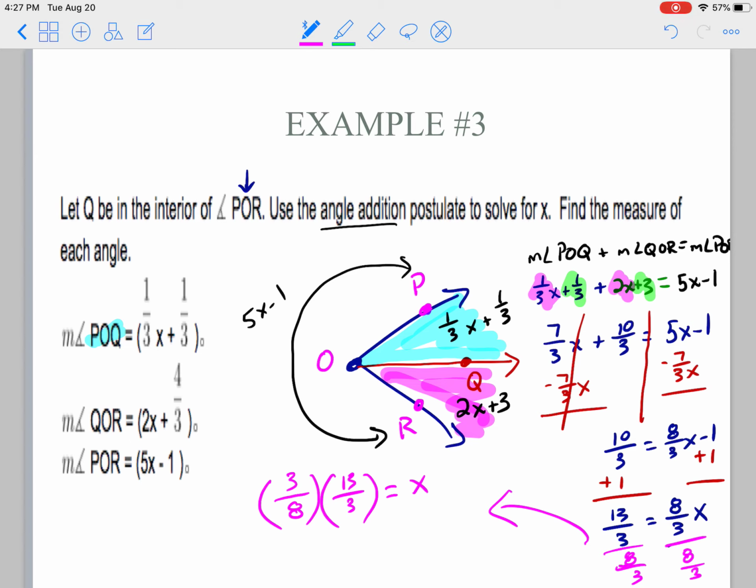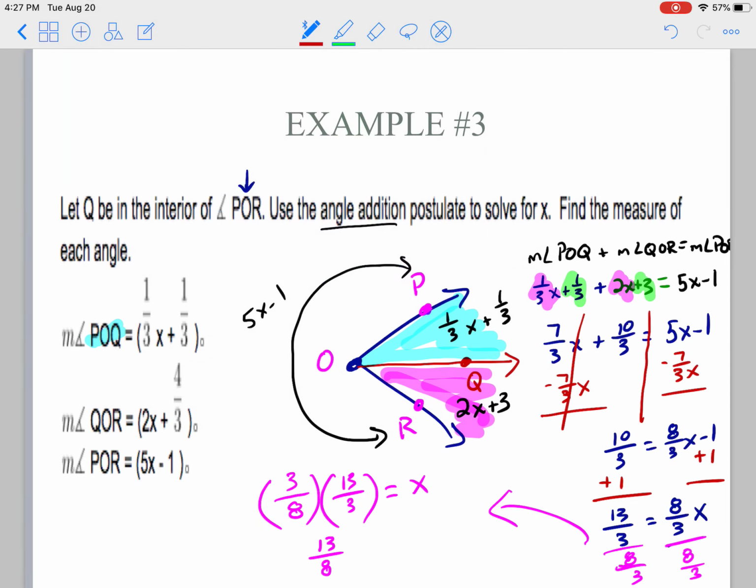And once again, that is algebra terminology. Okay, it's terminology from algebra. And so the answer, when you multiply these two, 3/8 times 13/3 is equal to, reduced down to 13/8.